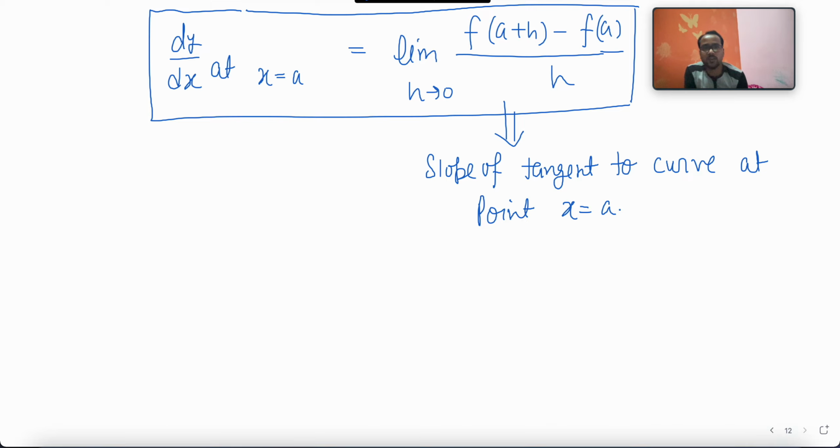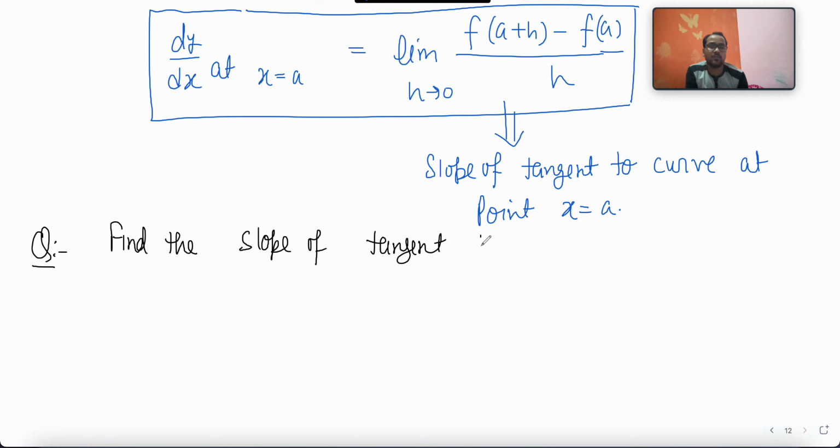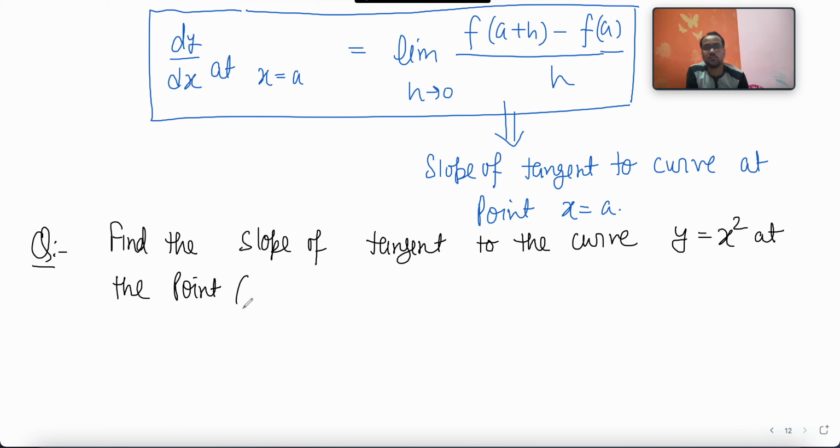So let me give you one simple question. Suppose I'm asking you, find the slope of the tangent to the curve y is equal to x square at the point 2, 4.